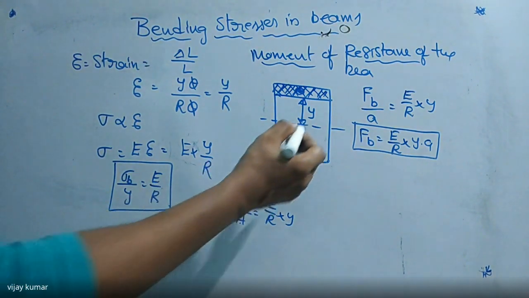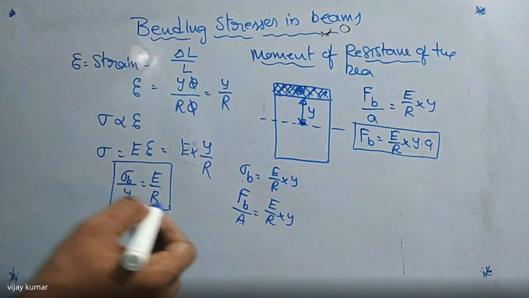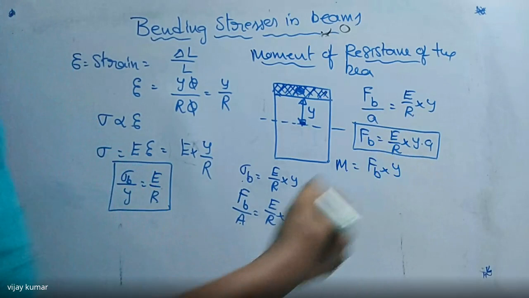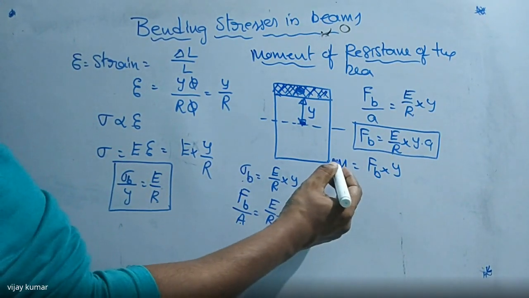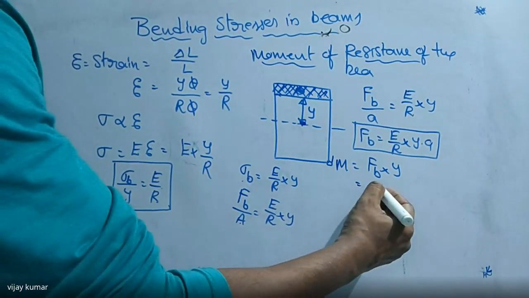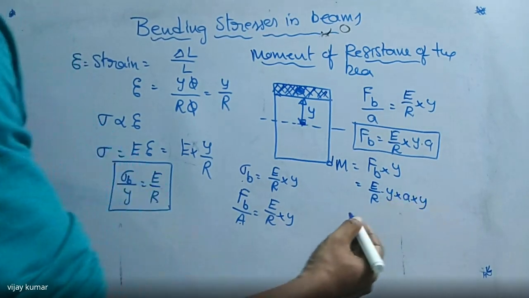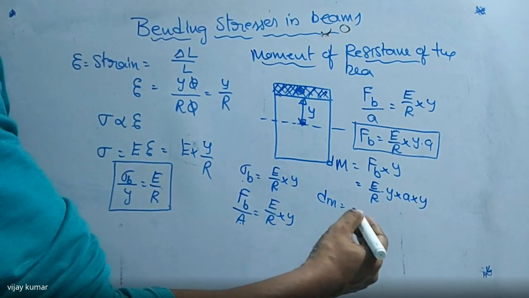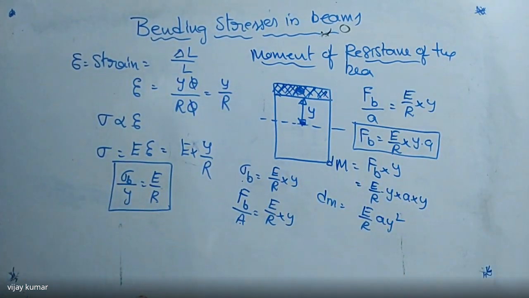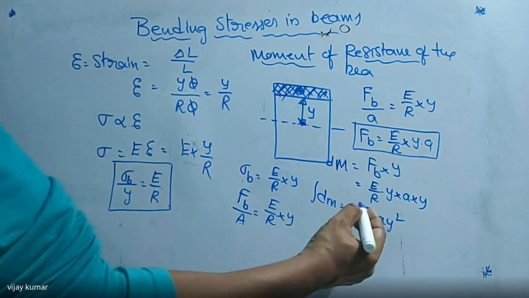But what is the moment of this bending force with respect to the neutral axis? Moment is force into perpendicular distance. This is the bending moment on the small elemental area. So dM is equal to E by R into Y into A into Y again, which is E by R into A into Y square. To find the total moment of the total area, I integrate on both sides.